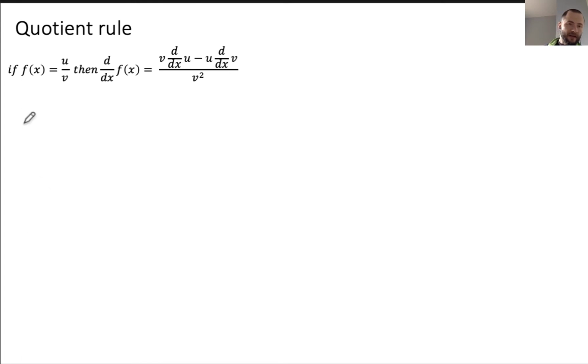So let's take a look at an example. Let's say that my f of x is equal to 4 sine x divided by 5x to the power of 4.